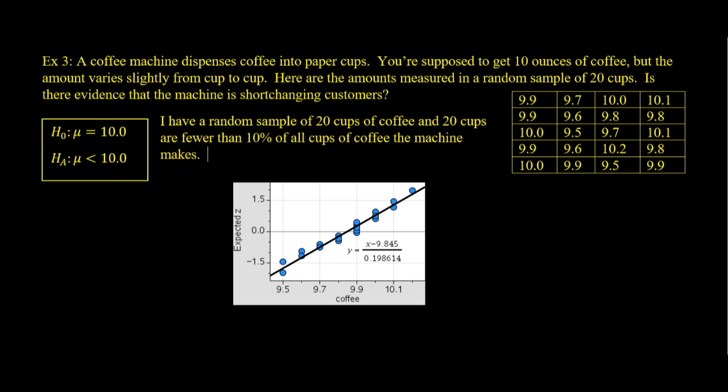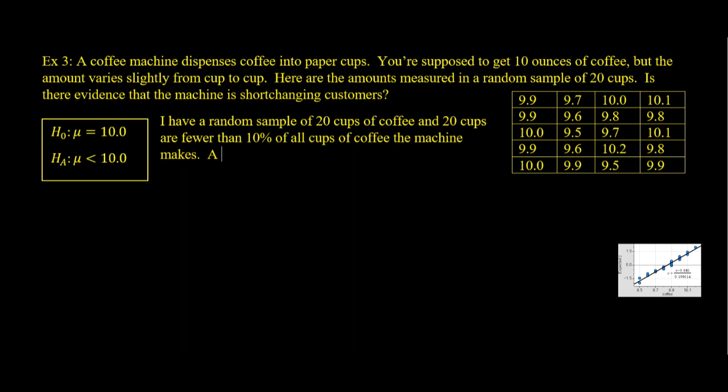So now we look at the normal probability plot, and if you look, it fits a line pretty well. It's pretty straight. Doesn't seem to be any points very far from the line. Everything looks really good.